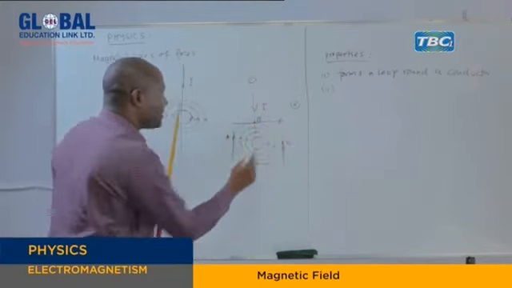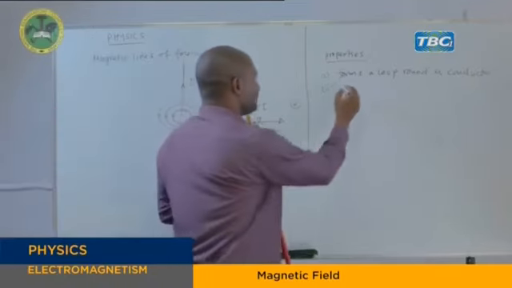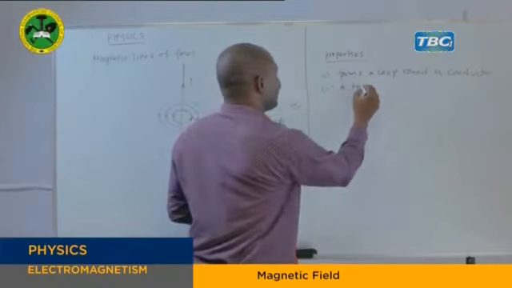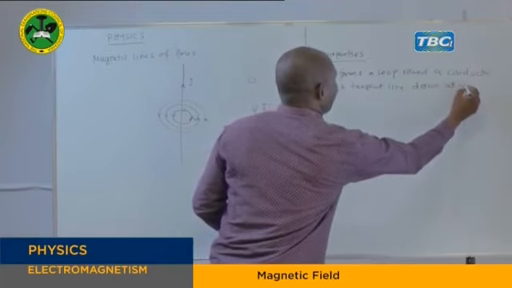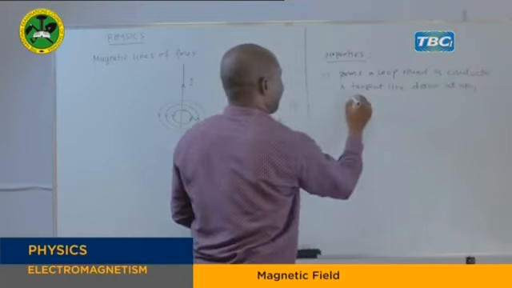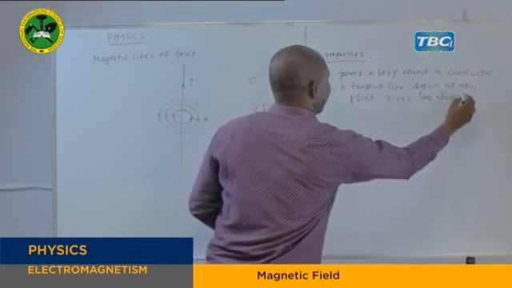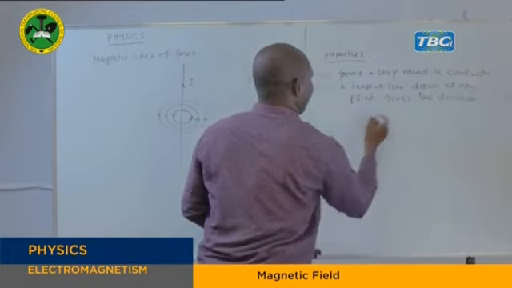So property number two is that a tangent line drawn at any point you choose gives the direction of the magnetic field.